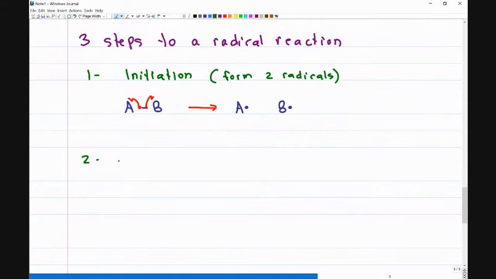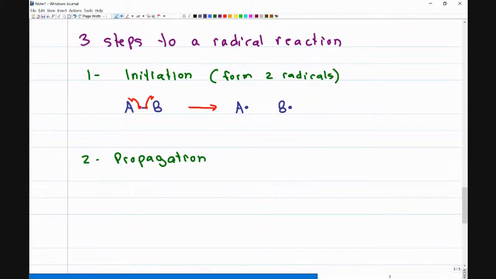The second step is propagation. What do you think of when you hear the word propagation? You should be thinking of to propagate, meaning a chain reaction, something that continues.